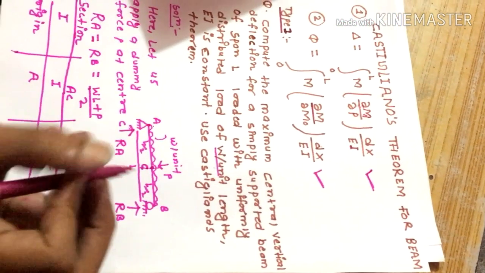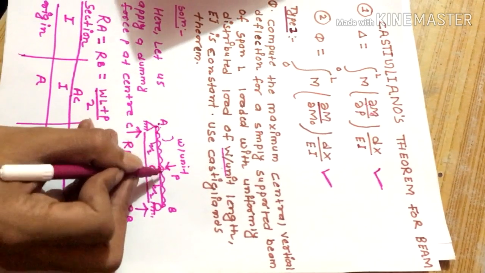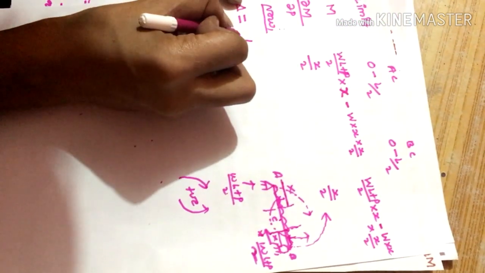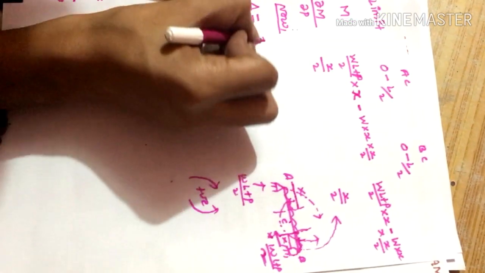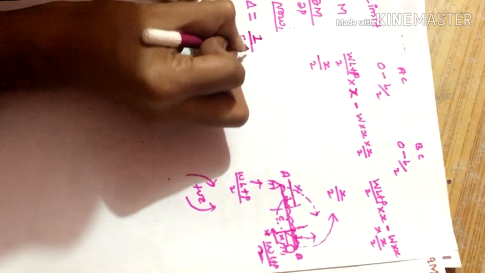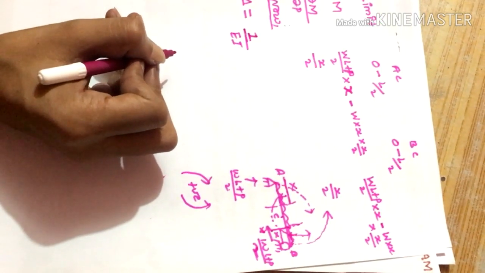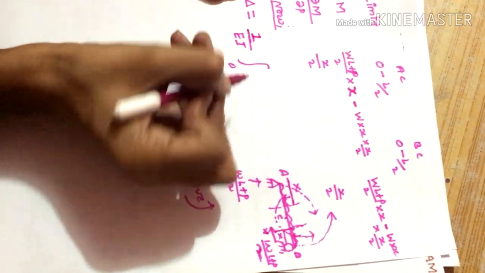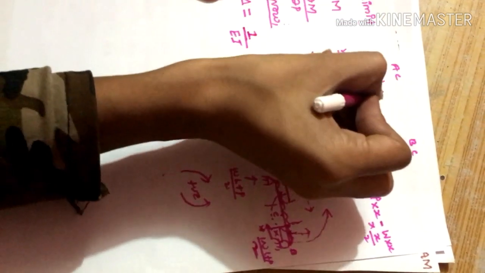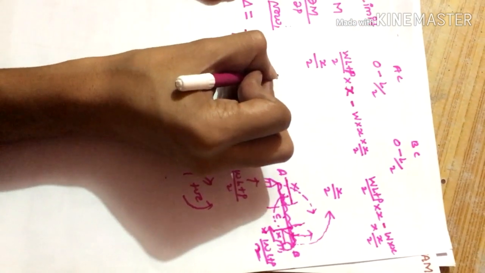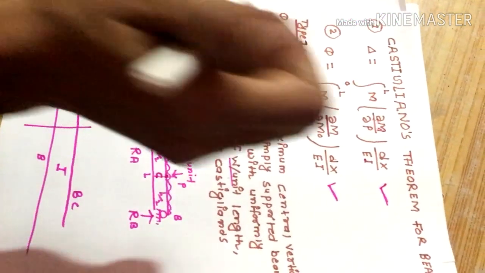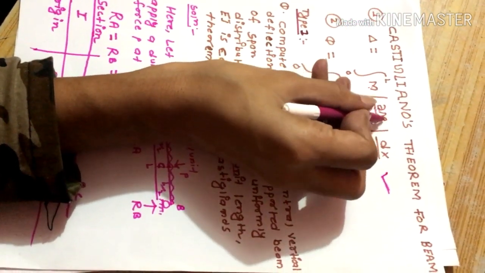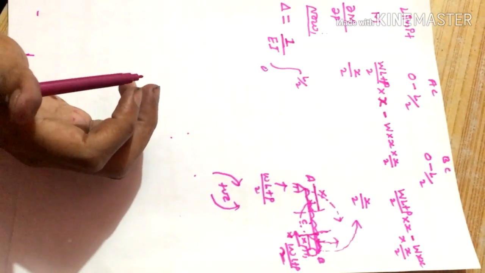Here 1 by EI is taken out. Our limit, as we can see in the figure, is 0 to L by 2. According to our formula, we have to put M, del M by del P, dx by EI. So let us put all these things for both portions.